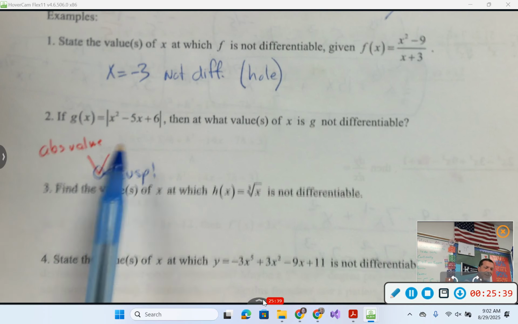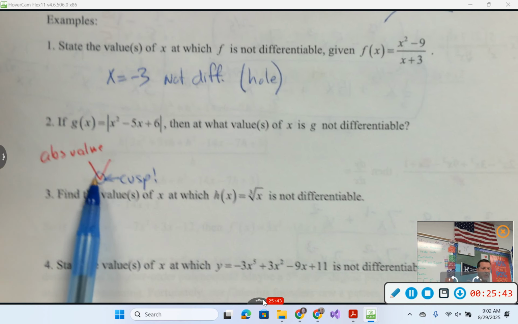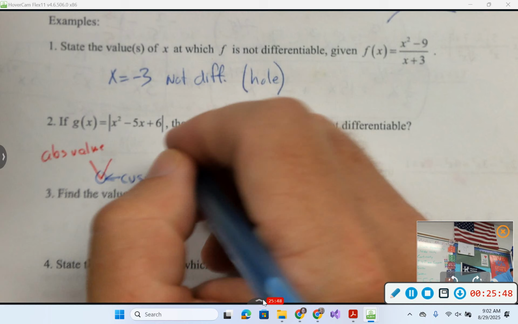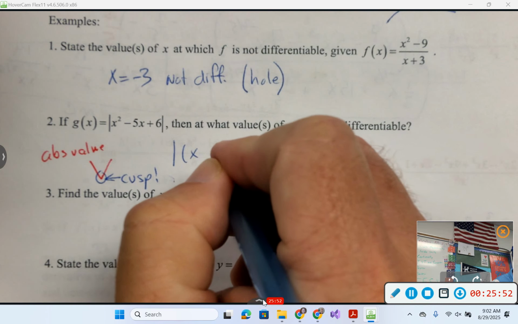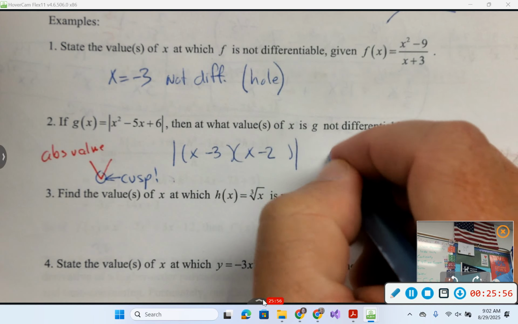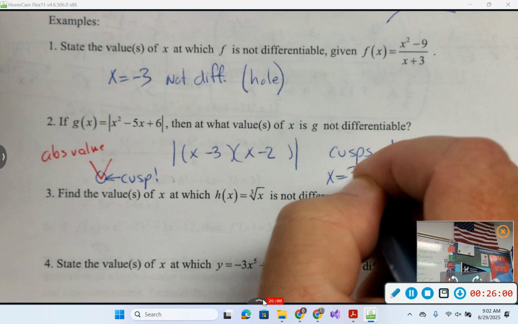Wherever the inside is 0, there's going to be a cusp, because that's where it's making some weird V thing. And I don't really know exactly what this graph looks like, but I bet they made it to where it can factor, x minus 3 and x minus 2. So there are cusps at x equals 3 and x equals 2.